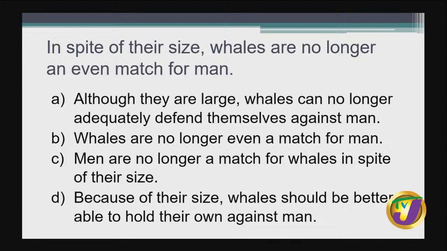In spite of their size, whales are no longer an even match for man. Which of your options gives you that meaning or the meaning closest to this? Ready now?